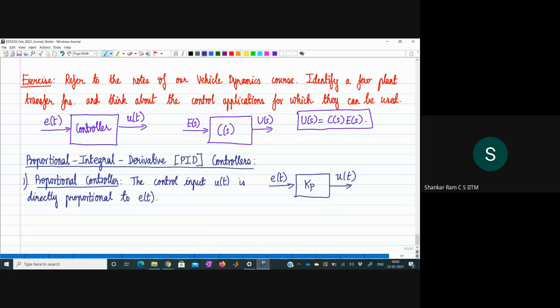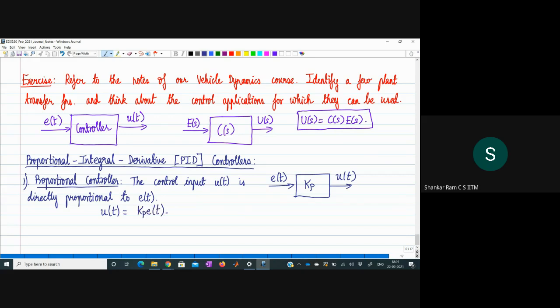Okay. So now, if you take the Laplace transform on both sides, what will we get? What will be the relationship between E of s and U of s? You can immediately write that U of t is going to be Kp times E of t, right?